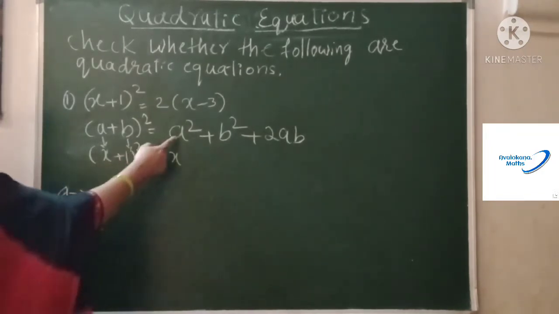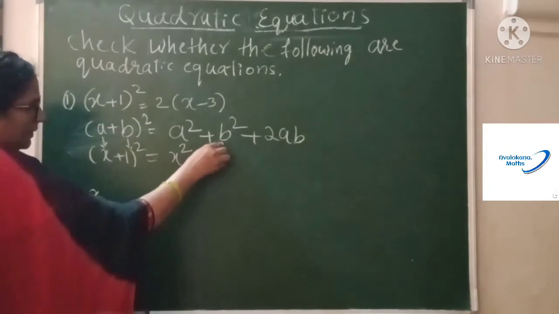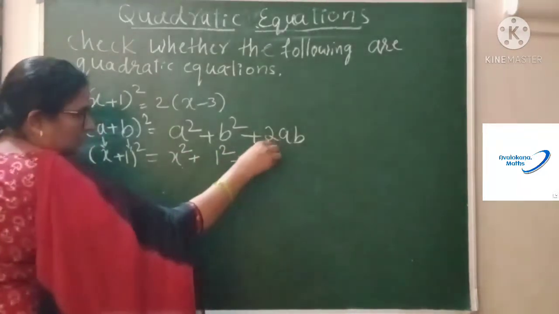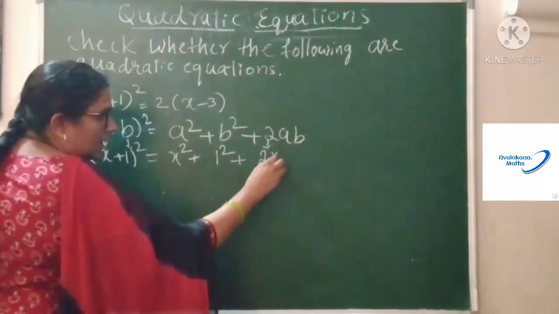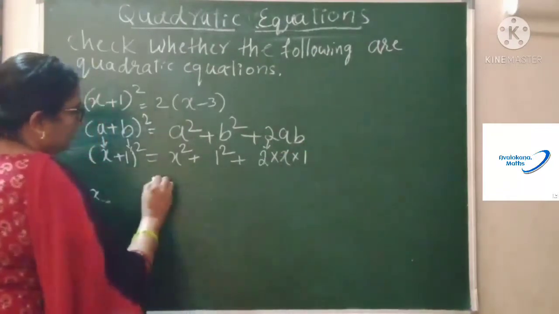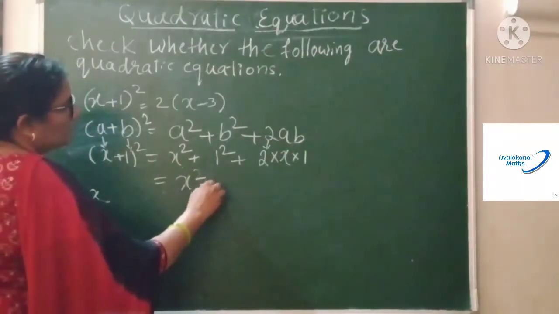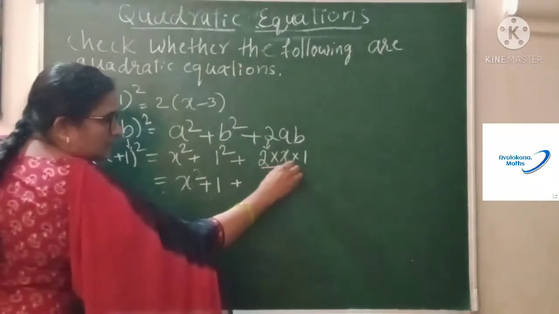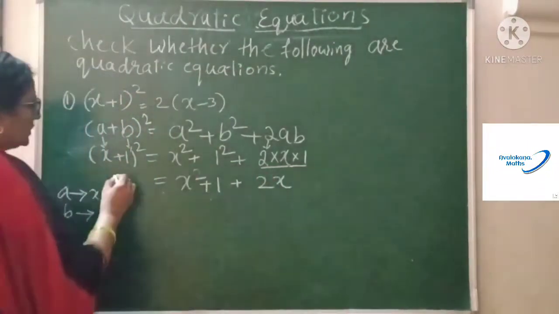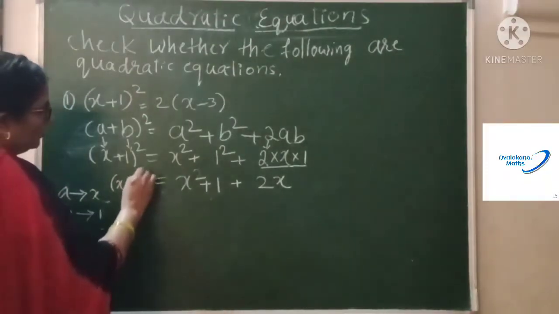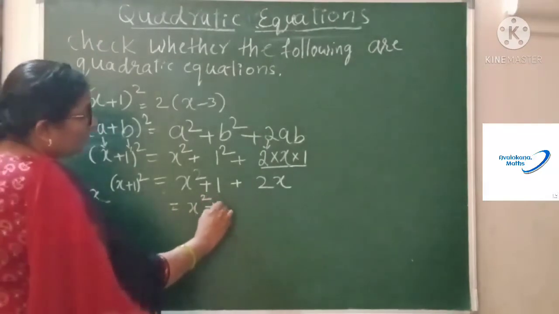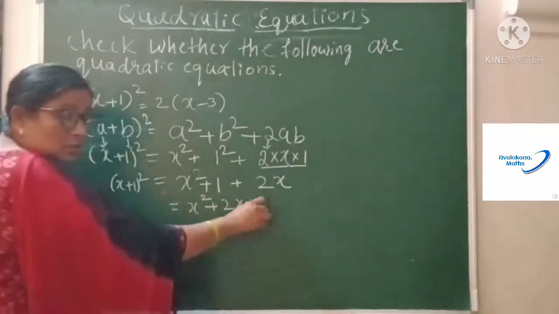When we simplify, a square is x square, plus b square is 1 square, plus 2ab, which means 2 into a into b. 2 into x into 1 is 2x. So the expansion of (x + 1) square is x square plus 2x plus 1. This is not the solution of the problem.